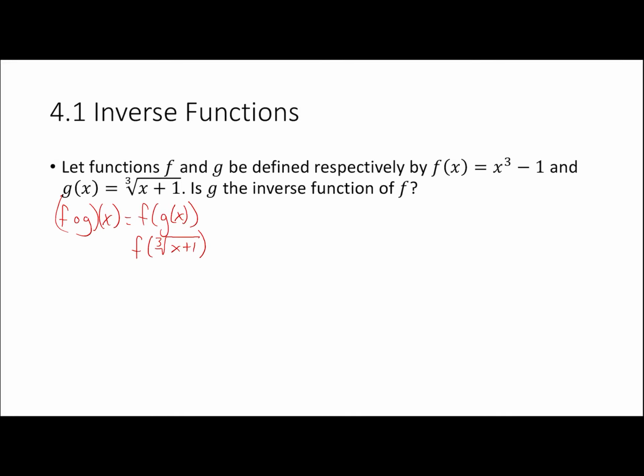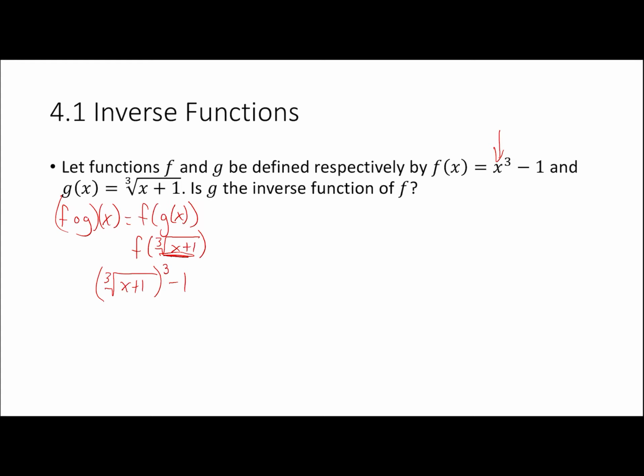And so when we put the cube root of x plus 1 in here for x, we're going to have the cube root of x plus 1, cubed, minus 1. Now, notice this is still x cubed minus 1, but in place of x, we've put the cube root of x plus 1.